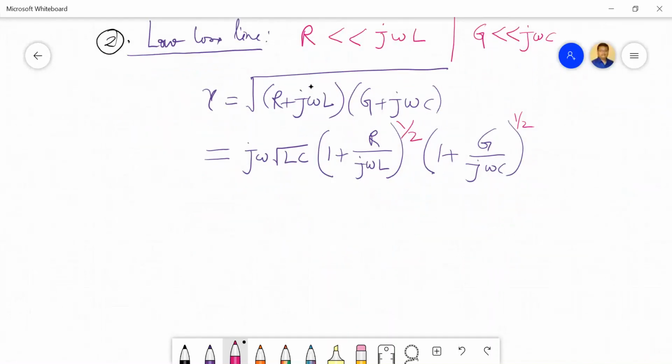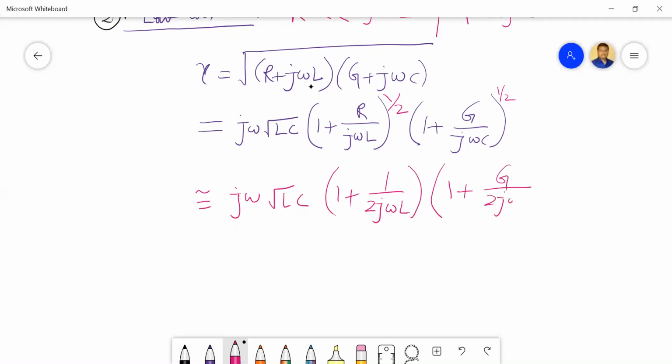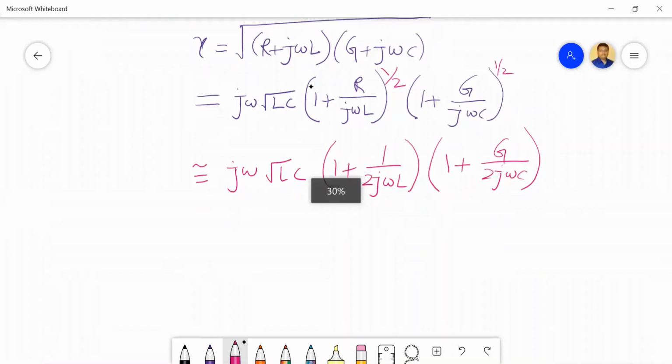We can do this; it is just a rearrangement. Now you can recall the series form of (1 plus x) to the power n. We will write only one or two terms of the series. So we can write j omega under root LC times (1 plus R over 2j omega L) times (1 plus G over 2j omega C). Now you multiply and rearrange these things.